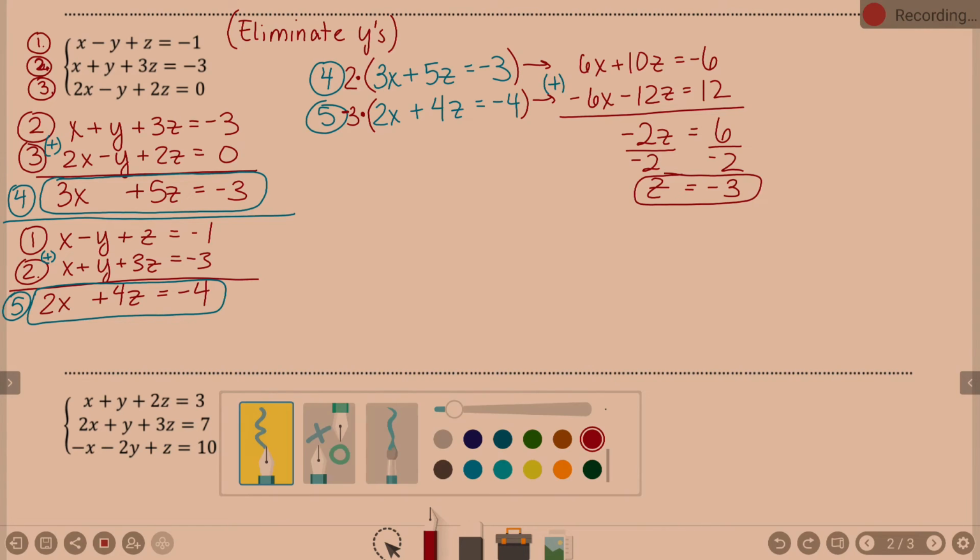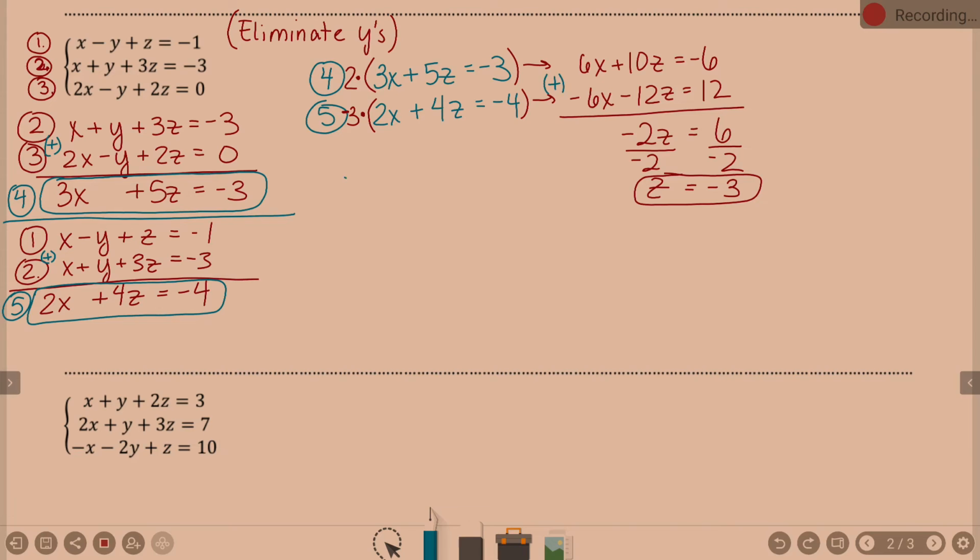Jayton says 5. So if I'm using 5, that's 2x plus 4z equals negative 4. So 2x plus 4 times negative 3 equals negative 4. 4 times negative 3 is going to be minus 12.